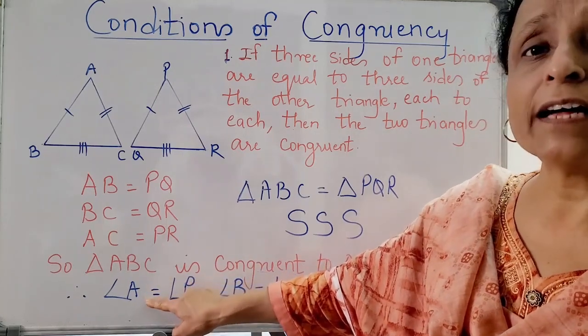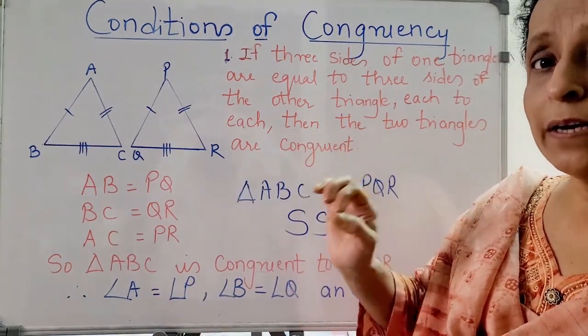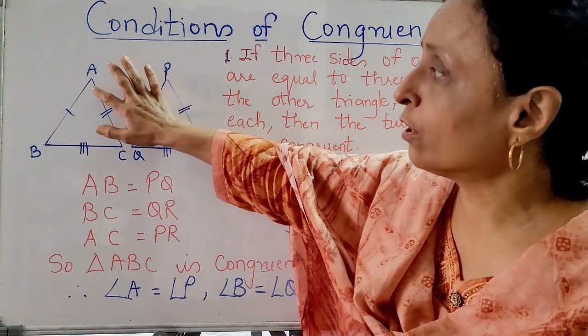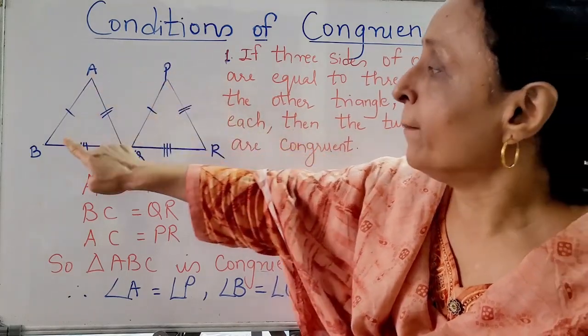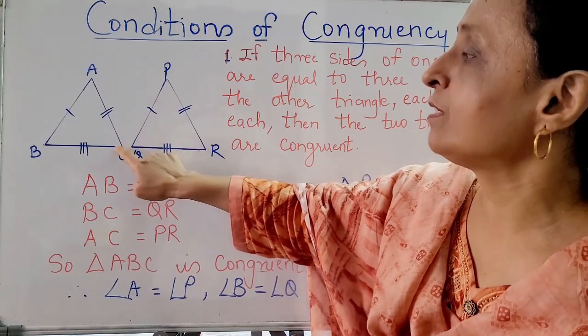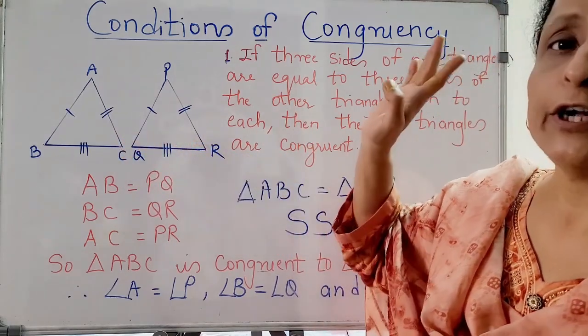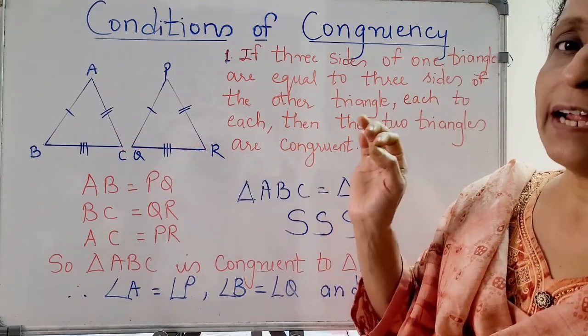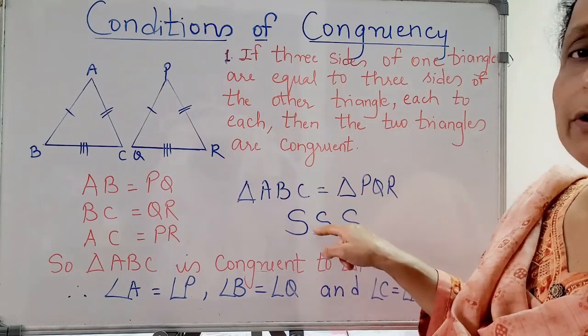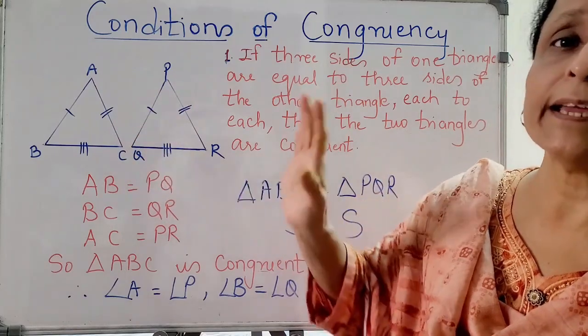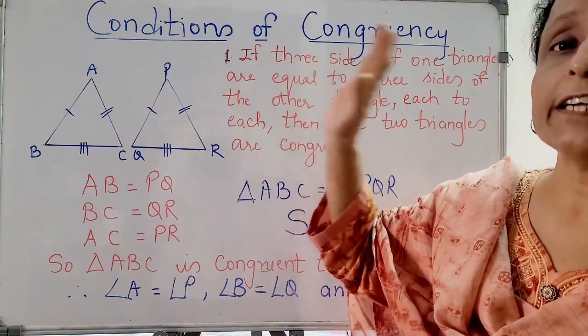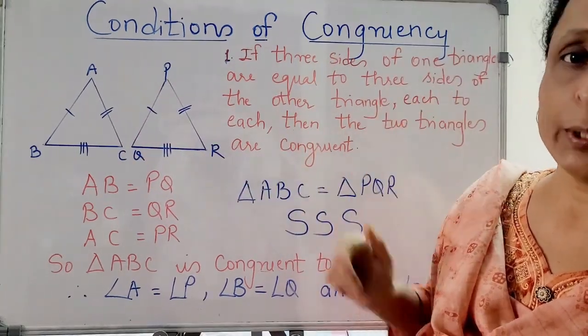Then the angles automatically become equal. So corresponding angle A is equal to P, B is equal to Q, C is equal to R. So when we have proved the triangles are congruent by SSS test, then the corresponding angles are also equal.